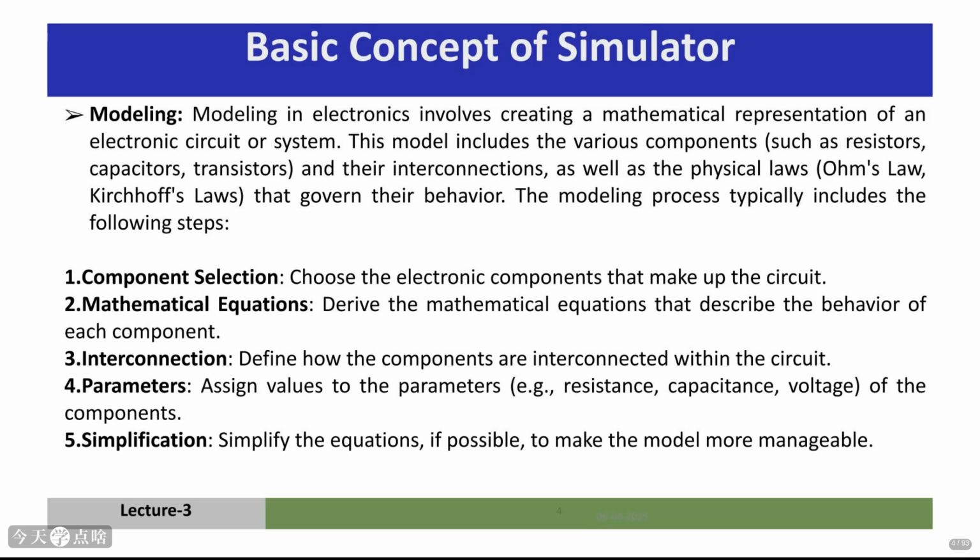You assign specific values: how much resistance, how much capacitance. Sometimes, you simplify the recipe to make it easier to cook, or in our case, simulate. It's about capturing the essence of the circuit in a form the computer can understand and crunch numbers on.